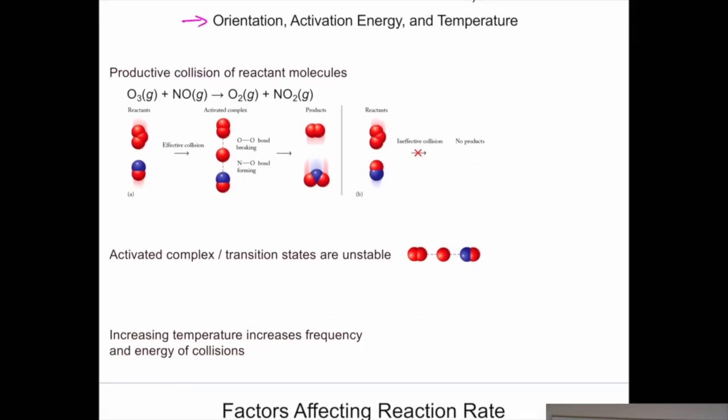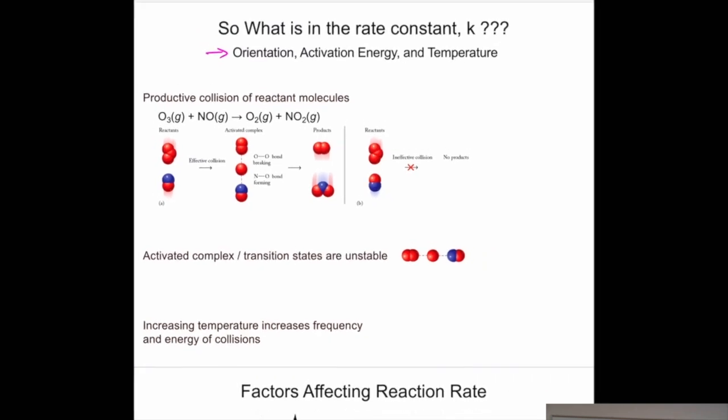Obviously, there's some component of kinetic energy. As you increase the temperature, we already talked about this stuff. As you increase the temperature, you increase the frequency of those collisions, right? Because things are moving faster. Kinetic energy, things are moving faster, so the frequency of collisions increases. And the energy of those collisions also increases, right?